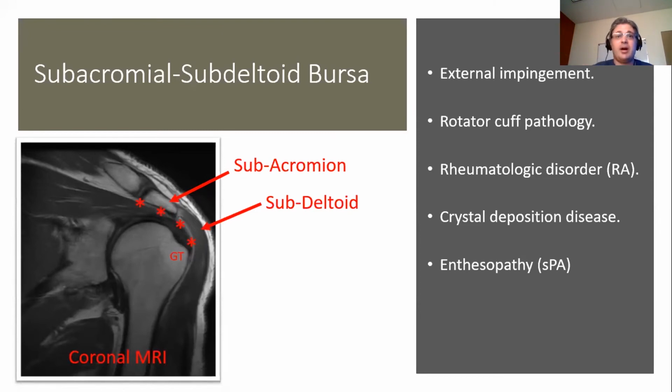As you know, subacromial bursitis is often seen in conjunction with rotator cuff pathology, but certainly we have many examples of primary bursal pathology due to a rheumatologic disorder, crystal deposition disease, and of course, given the location of this bursa in an area where a tendon is attaching to bone, consider enthesopathy in the context of a seronegative spondyloarthropathy.